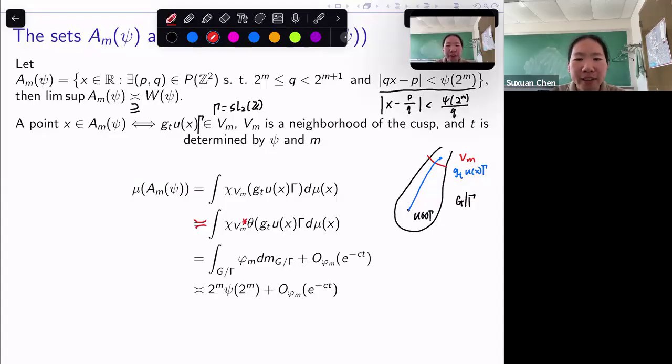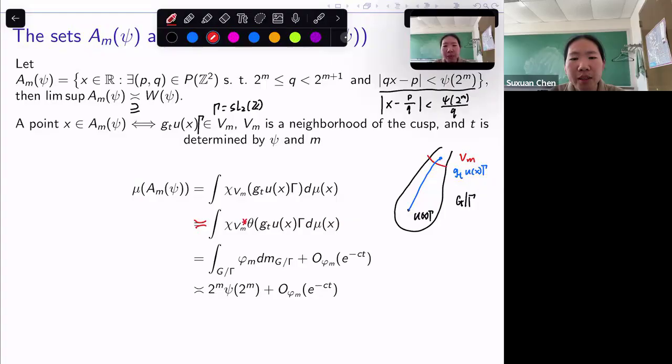And now by effective equal distribution, this integral is equal to the integral of phi_m on the homogeneous space G mod Gamma with respect to the Haar measure, plus an error term. And this phi_m is equal to the convolution of chi of V_m with this smooth function theta.